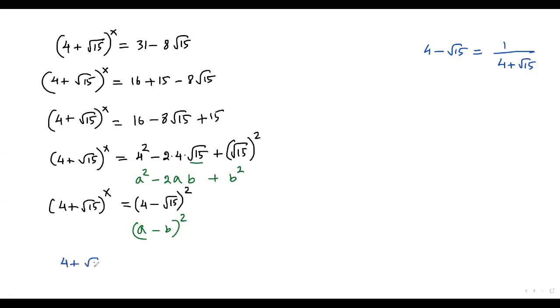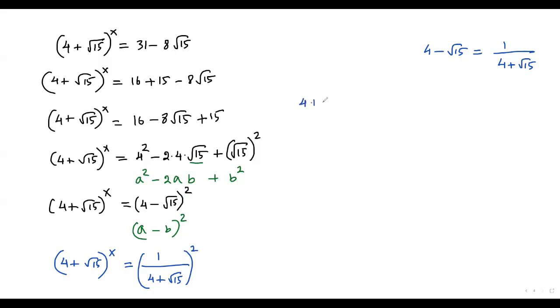So (4 + √15)^x equals (1/(4 + √15))². Here I replaced 4 − √15 by 1 over 4 + √15, and since we have a square for this, the same square is taken over here.